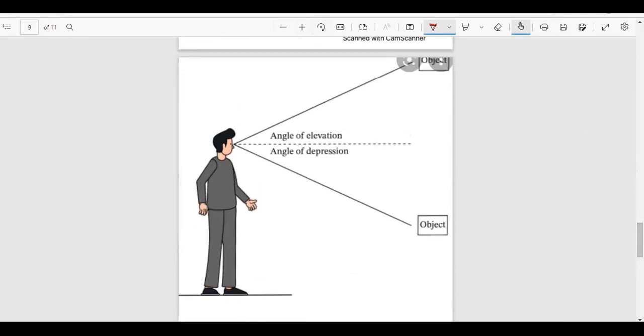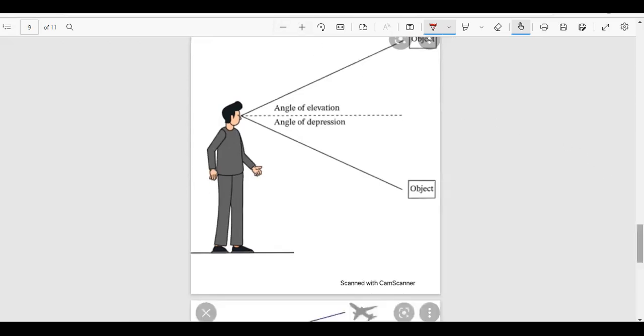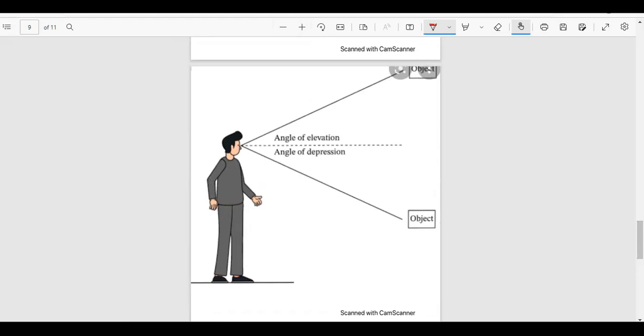Okay. The next thing is we have another application of trigonometry. We can use trigonometry for finding the angle of elevation and angle of depression. Now, what exactly is the angle of elevation and angle of depression? Let's say you have two objects. At the moment, we're talking about the angle of elevation only.